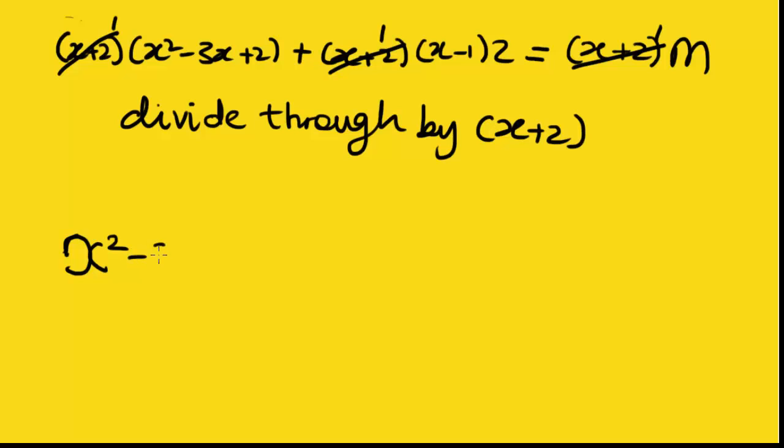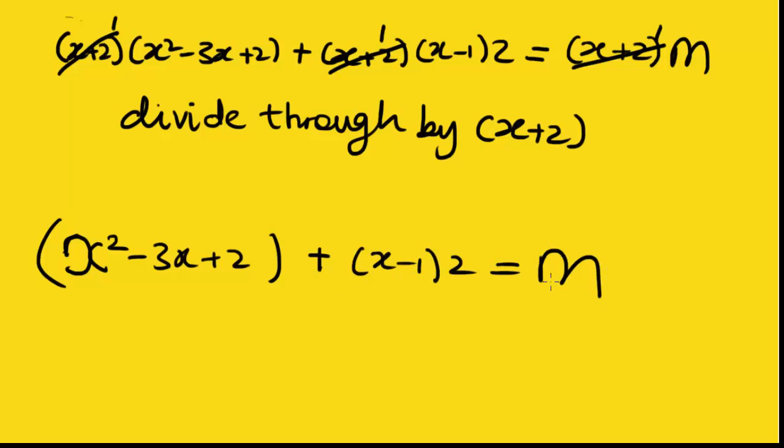So what you get is x squared minus 3x plus 2 plus x minus 1 times 2 equals m. So m is this. All we have to do is simplify this. And you get x squared minus 3x plus 2 plus 2x minus 2 is equal to m.